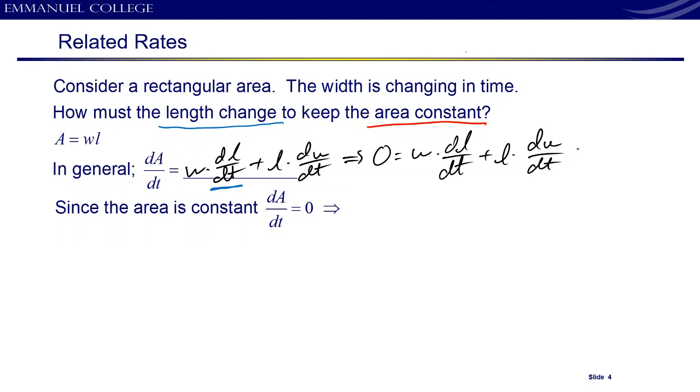And now my goal is going to be, I need to get dl dt by itself. So I'm going to subtract L times dw dt over to the left side. Then I'm left with negative L times dw dt, which is equal to w times dl dt.